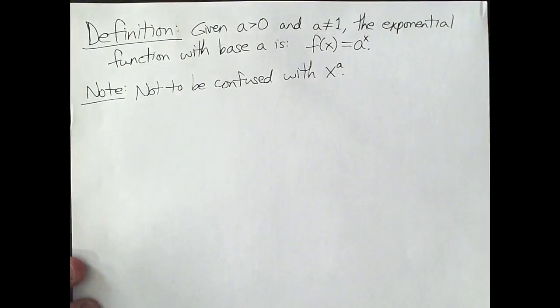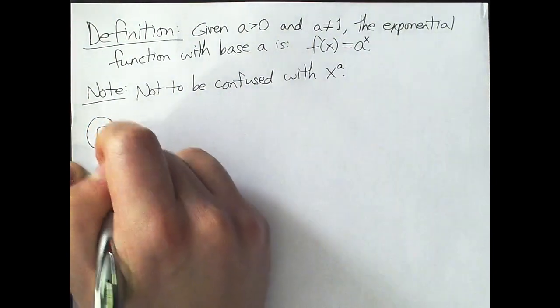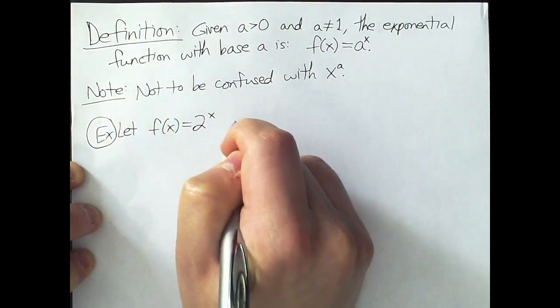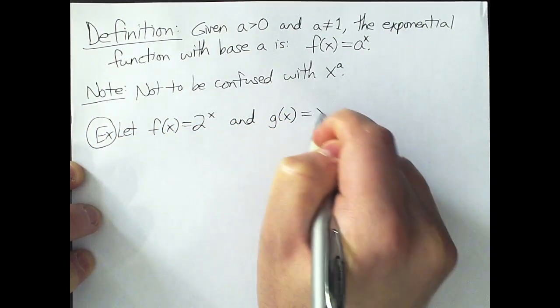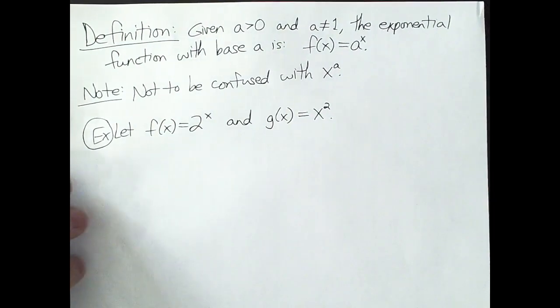How different are they? Let's do a little example, a little discussion. All right, example, let's let f of x equal 2 to the x, and let's have another function that is g of x equals x to the 2, because I want to show you how different these are. 2 to the x is an exponential function with a base of 2.